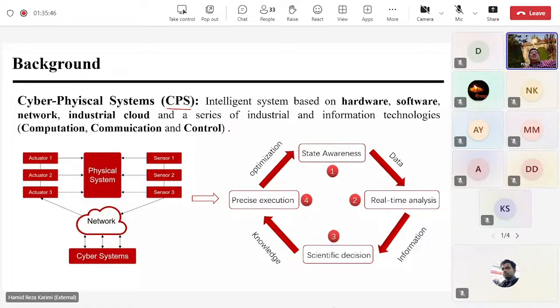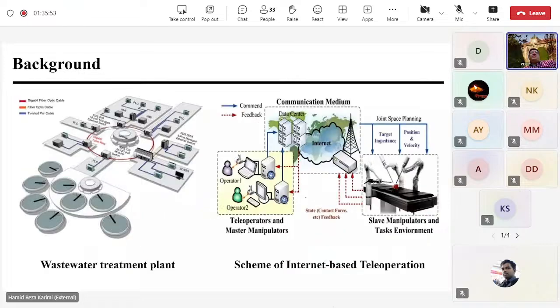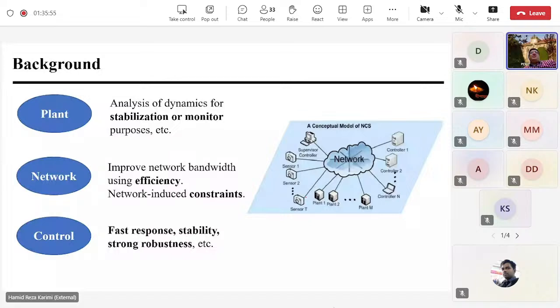So we also discussed the communication control. When it comes to the CPS and network control, we know that there are three parts: the plant, network, and control. We discussed these three problems in the last lecture.